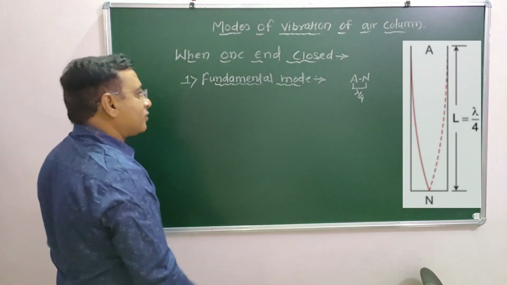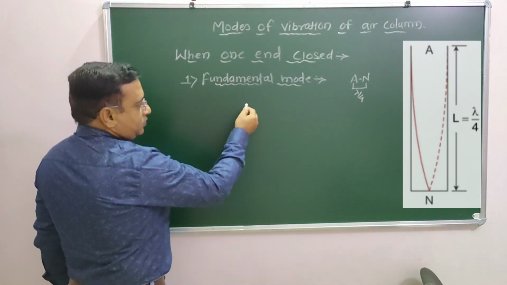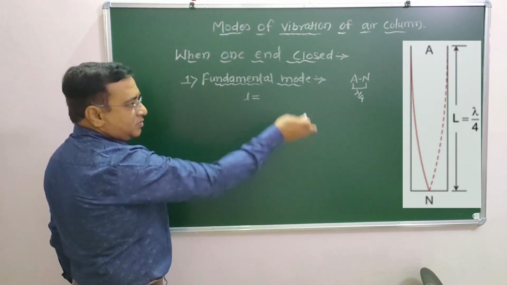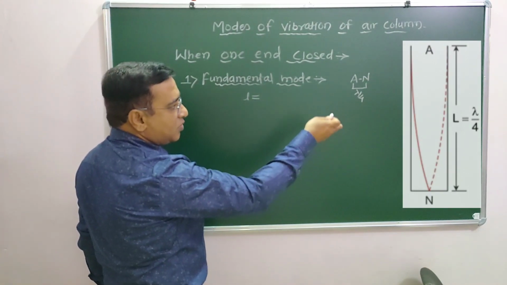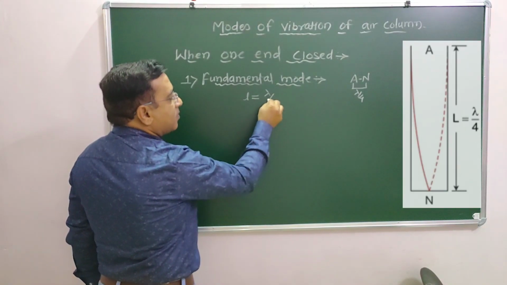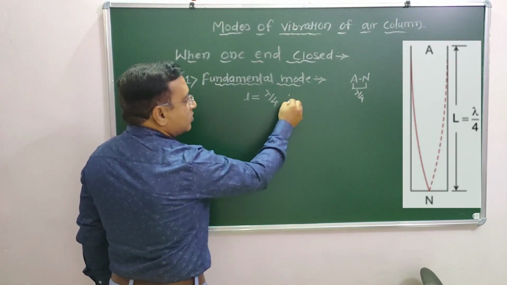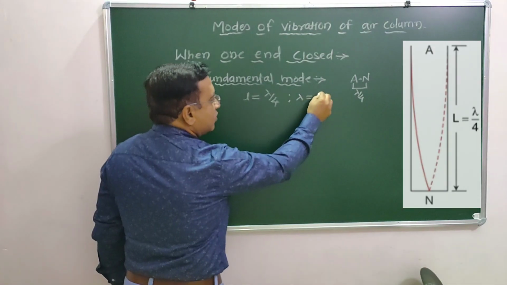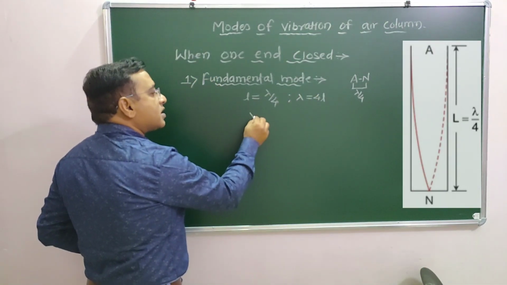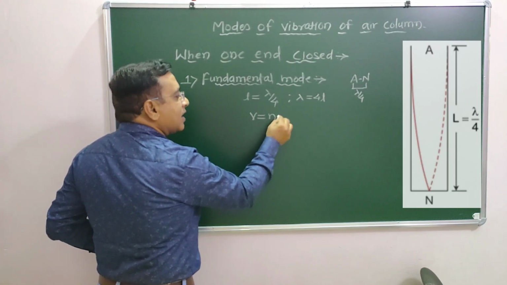Lambda by 4 is the length of the air column in which I get this antinode and node. So lambda is equal to 4L. We know the basic equation, V is equal to N lambda.